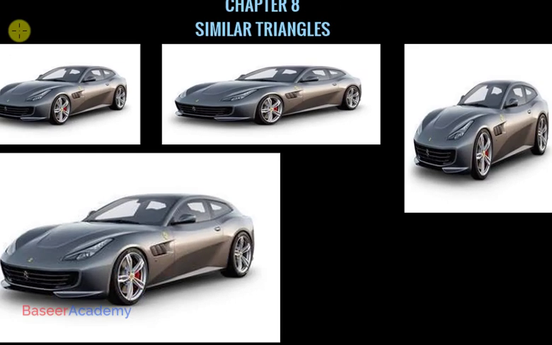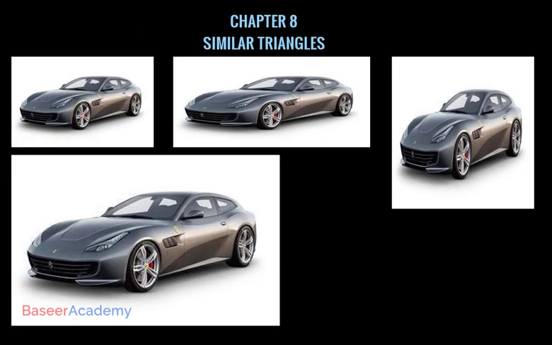Right. This is my original picture here, the first one. This picture and this picture, do they look similar? No, they don't look similar anymore, because the second picture looks distorted, because I have stretched this picture lengthwise, along the length, keeping the breadth the same.